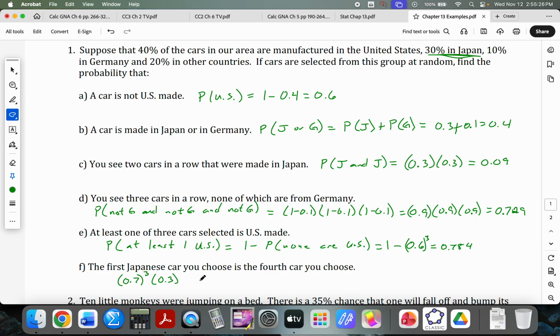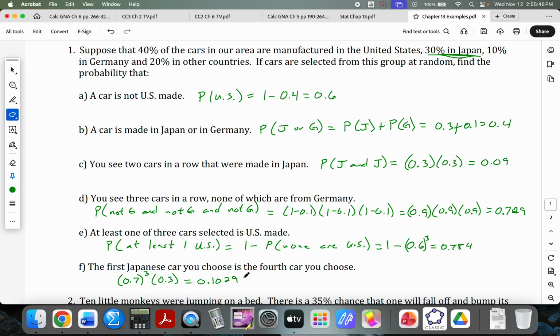So that's 0.7 raised to the third times 0.3. It's 0.1029. So about a 10% chance.